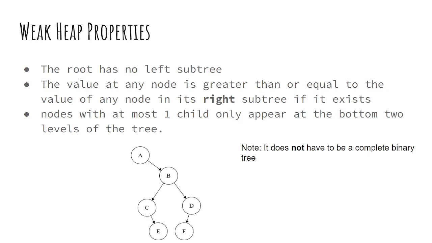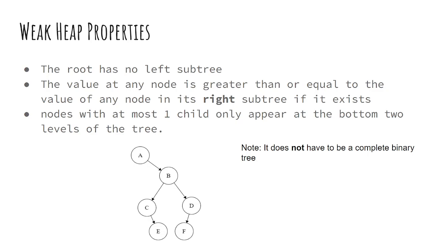If you read this, you might think it's like a heap, but it's actually not, because only the nodes in the right subtree are less than or equal to the node at the root, in the case of a max heap, of course. So this is important.